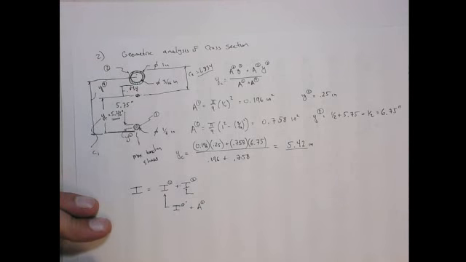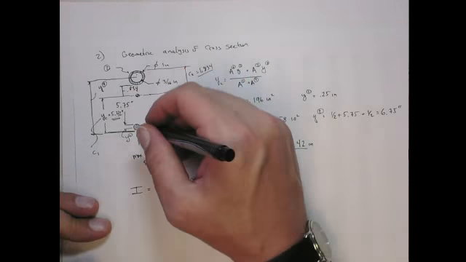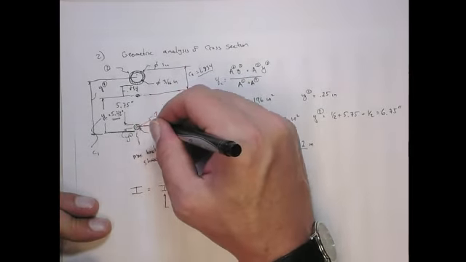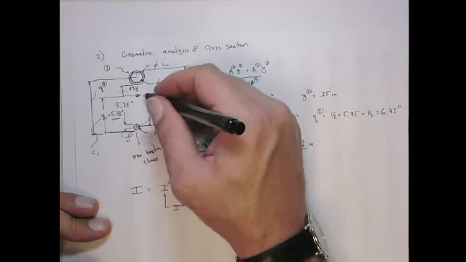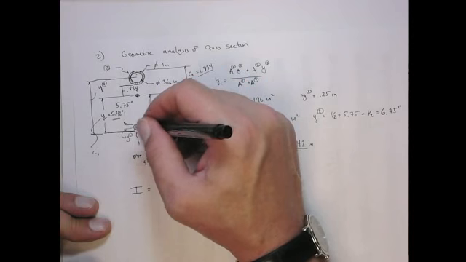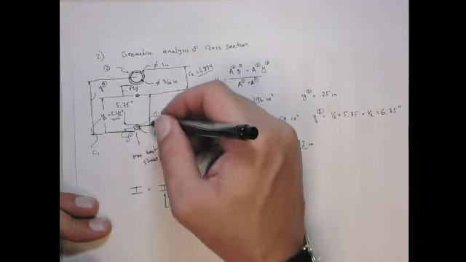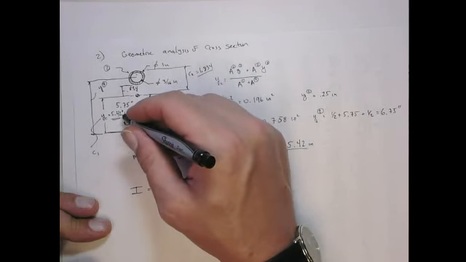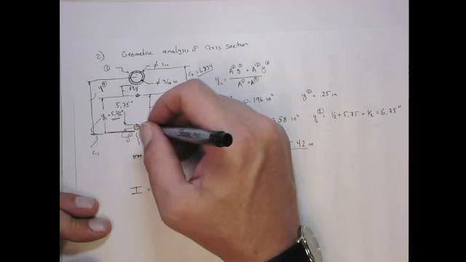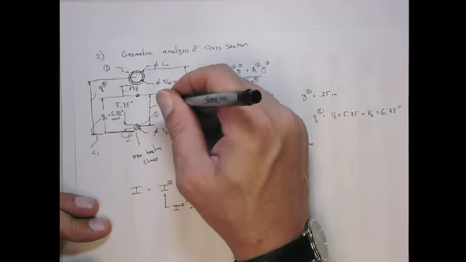So that's the area of that one times its distance from the neutral axis. We need this distance, the distance from the neutral axis to the centroid of body 1, right? This is the I about the centroid, and we need this distance. So that's going to be 5.24 minus this half height, or minus the quarter. So that's 5.17, I think.